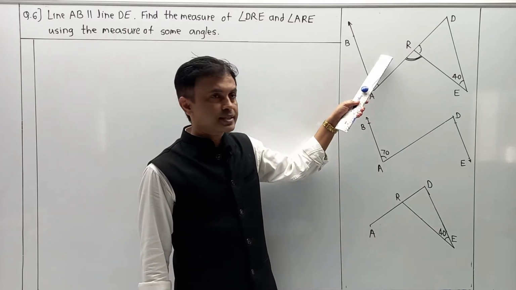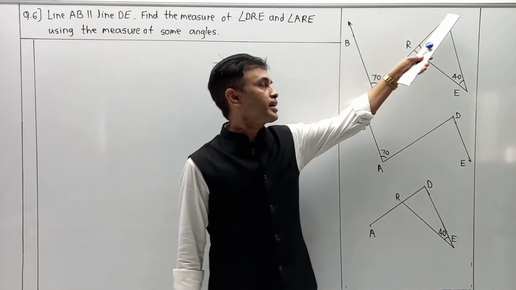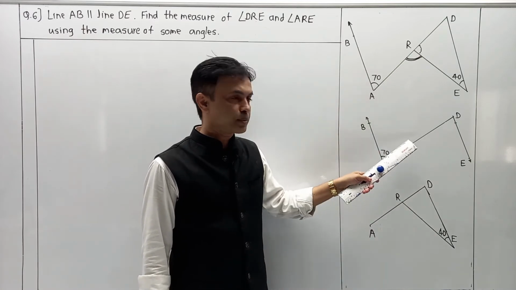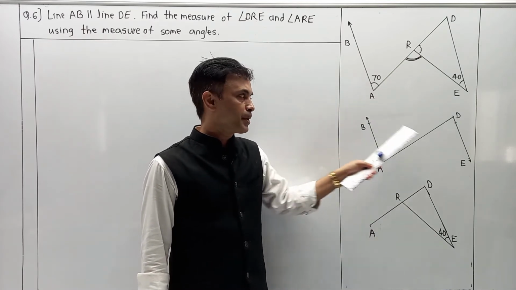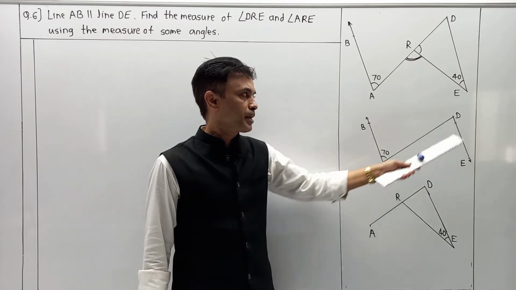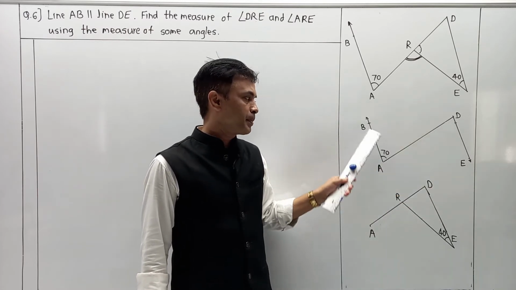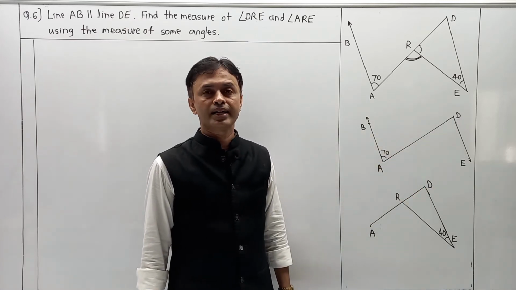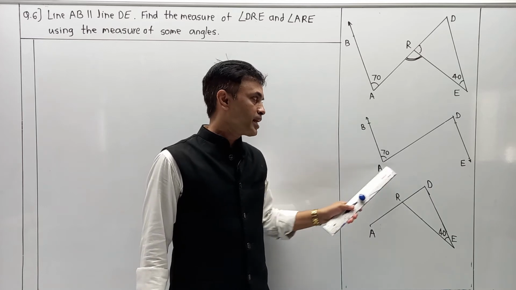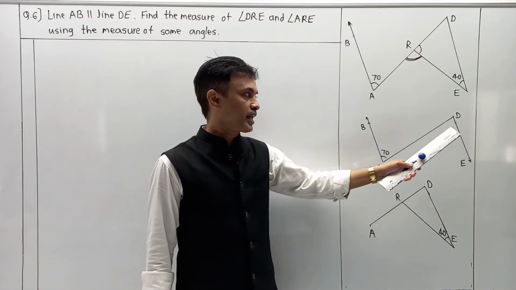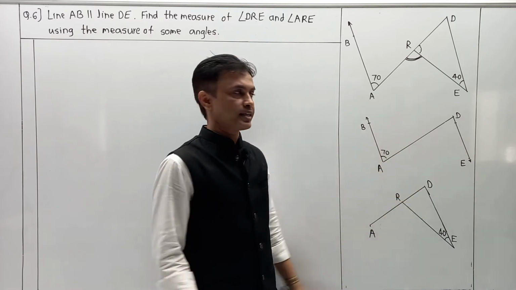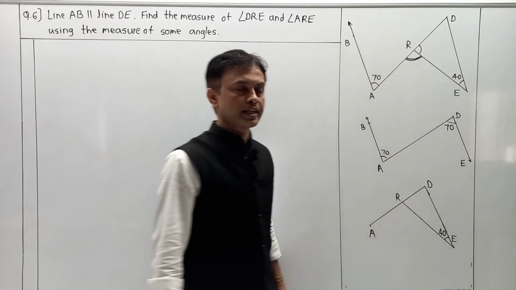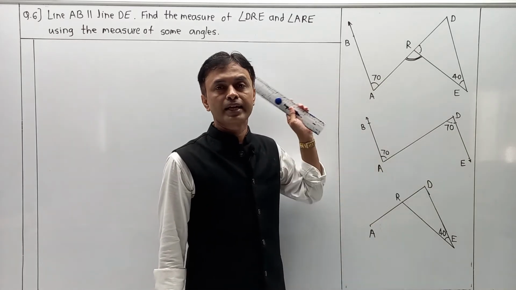As they have given this diagram to us, in which AB is parallel to DE and AD is a transversal, I have drawn this diagram over here. As AB is parallel to DE, naturally angle BAD and angle ADE are alternate angles. If angle BAD is 70 degree, naturally angle ADE is also 70 degree. Means we can write this angle as 70 degree. Giving explanation in the writing part over there.